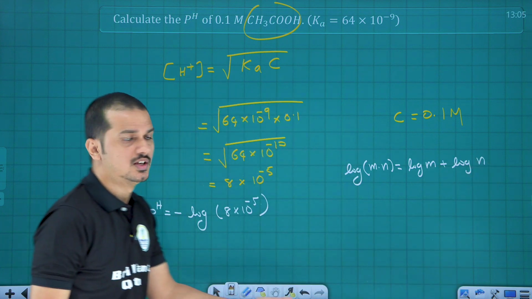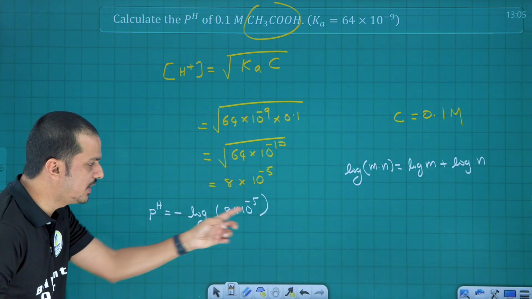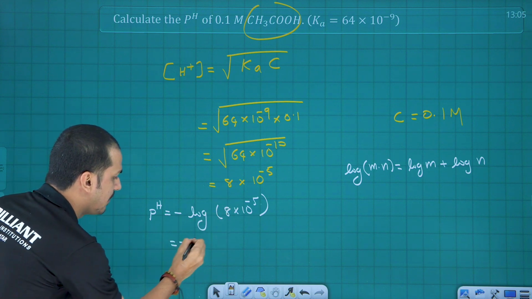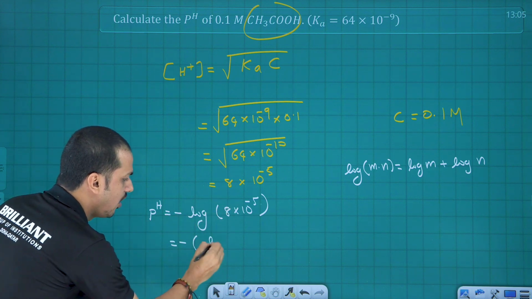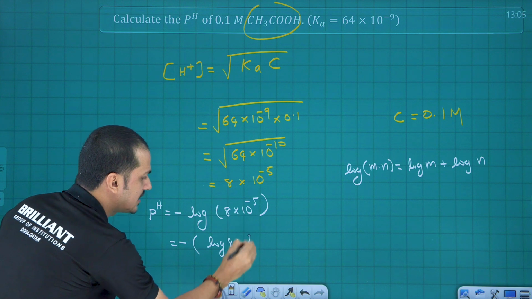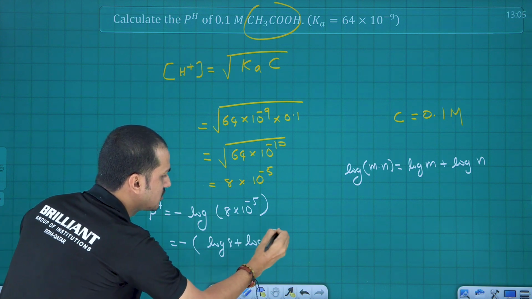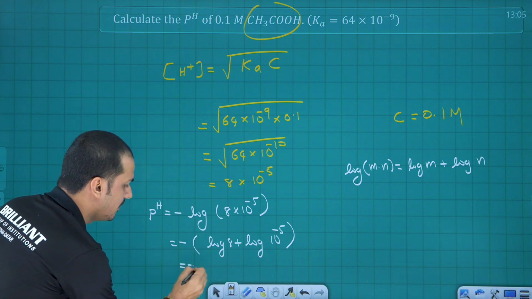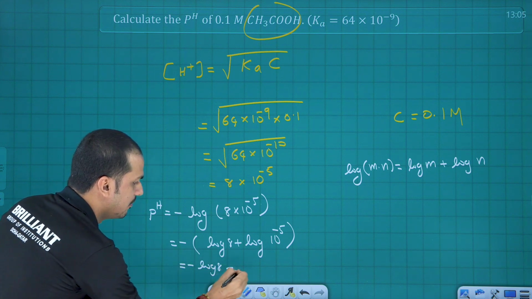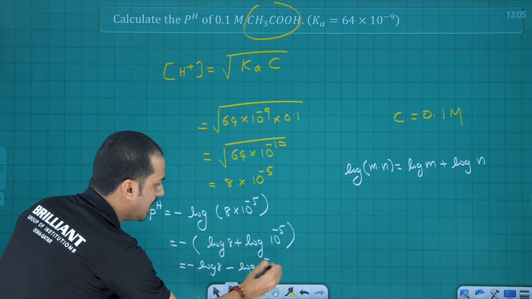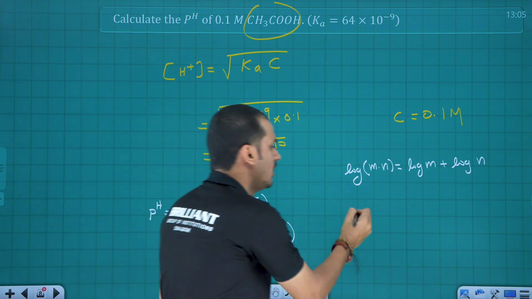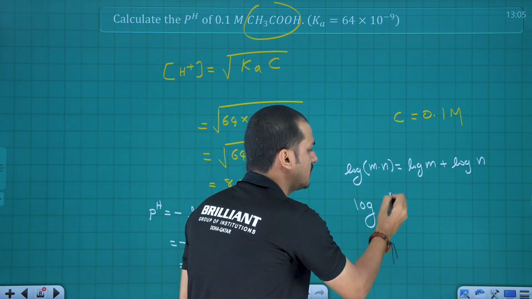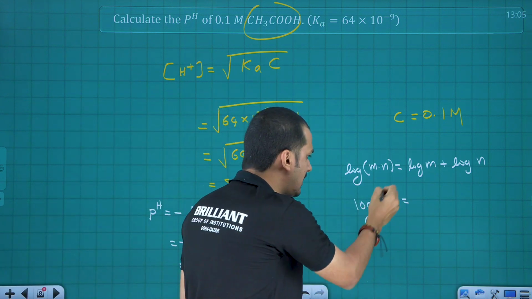This is actually in log m into n format. So I can write it as minus, I will take outside, logarithm of 8 plus logarithm of 10 raised to minus 5. Minus I am taking inside. What will it become? Minus log 8 minus log 10 raised to minus 5. One more formula I know. What's the formula? Log a raised to m equal to, that m will come out.